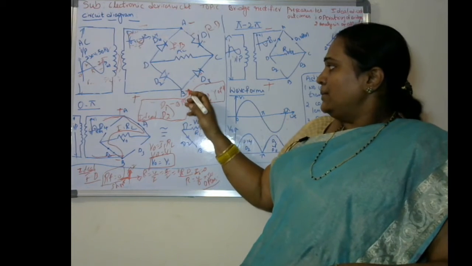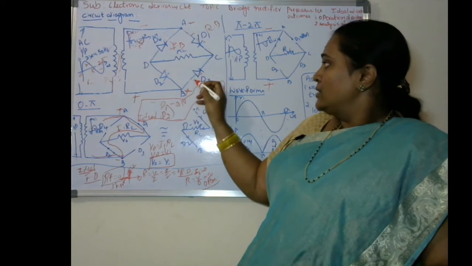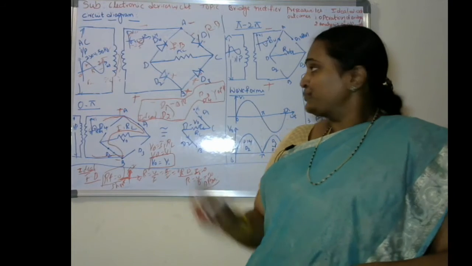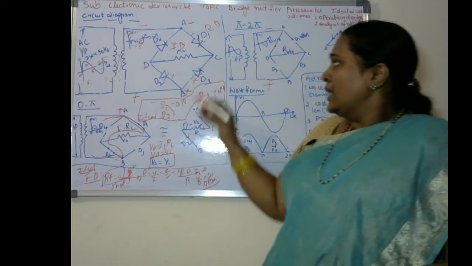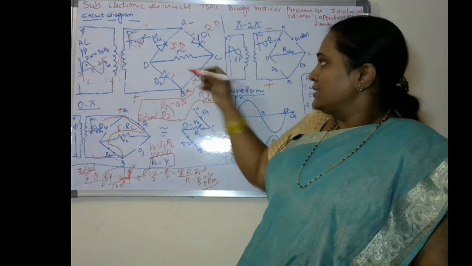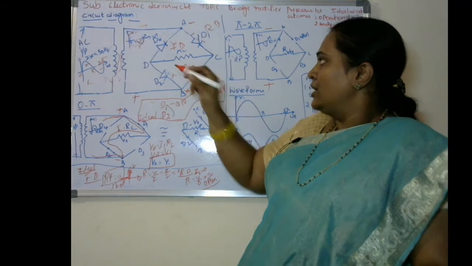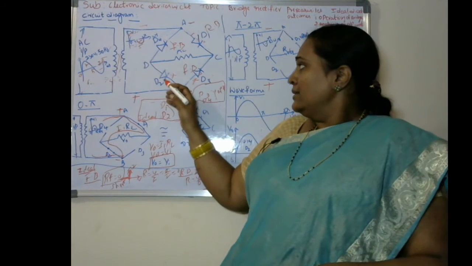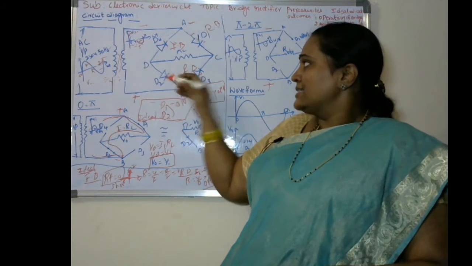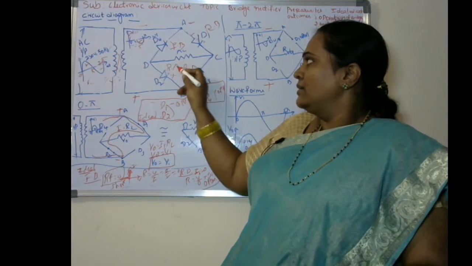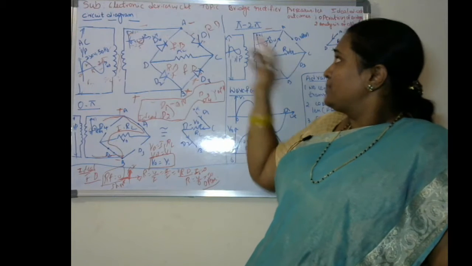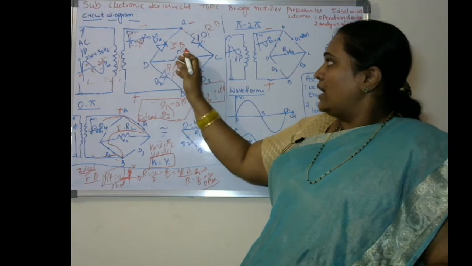Next, here we have the positive potential, and the P type has been connected to the positive terminal, same polarity, so it will be forward bias. And in this case the negative has been connected to the positive terminal, so it is the reverse case, so it is reverse biased. So from pi to 2 pi, the D4 diode is forward bias.